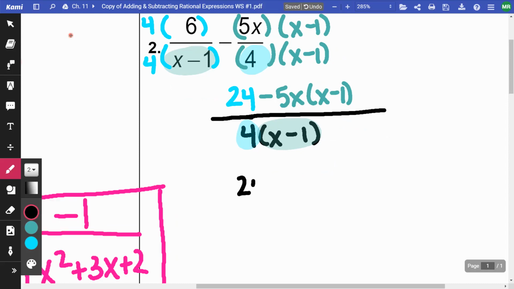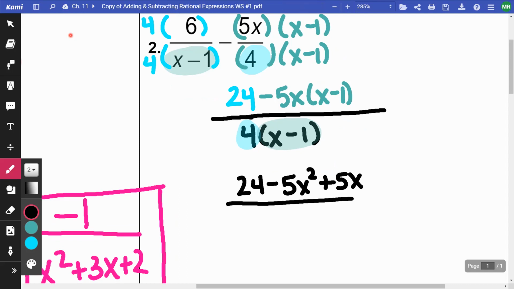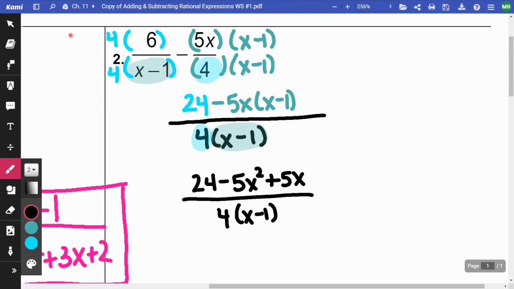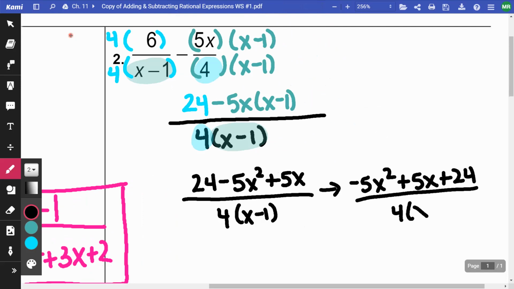I'm going to have 24 minus 5x squared plus 5x over 4 times x minus 1. I am going to rewrite this as negative 5x squared plus 5x plus 24 all over 4 times x minus 1. I can see if it is factorable.